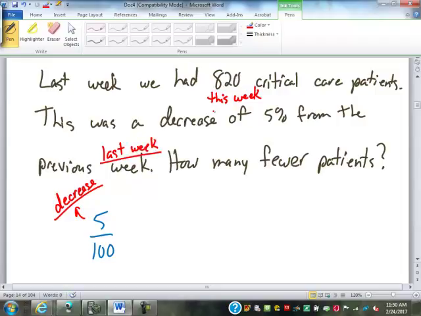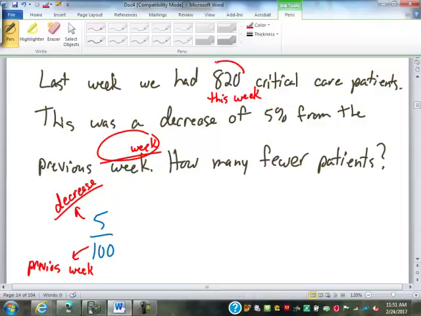We need to know which one of those numbers is represented by that 100%, this week or last week. Well, remember we said the 100% is either the whole amount or the beginning amount. So the beginning amount would be last week, the previous week. Oops, I should be careful. I'll just call it previous week so that I don't have my wording confounded there. So the previous week, the first week is what we're looking at there.